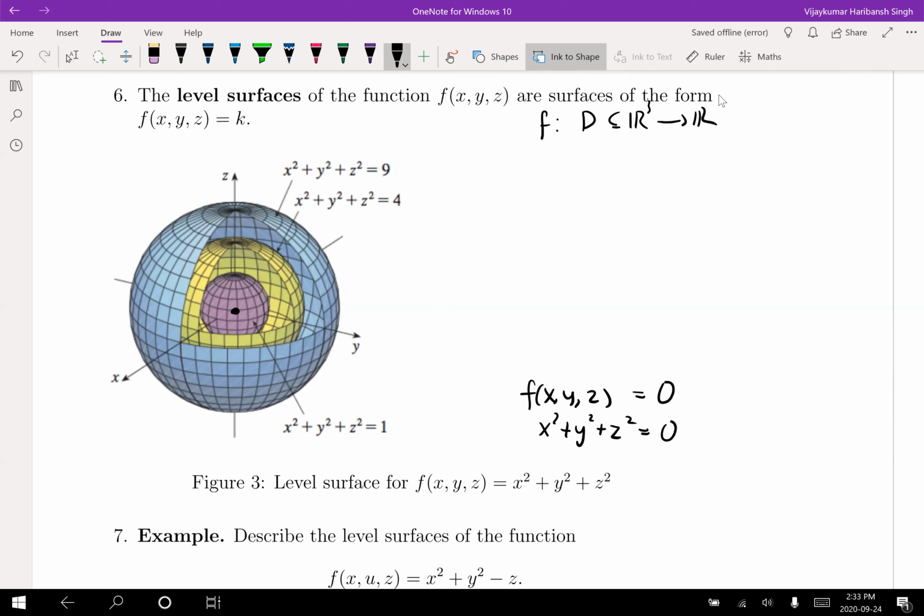If you take k equals to 9, this is a sphere of radius 3. Similarly, if you take k equals to 4, then it's a sphere of radius 2. If you take k equals to 1, you get a sphere of radius 1. So these are the level surfaces. And if you take k equals to 8, then it will be some sphere in between these two spheres. So this is how you get the level surfaces.